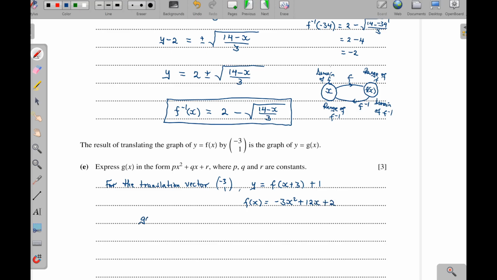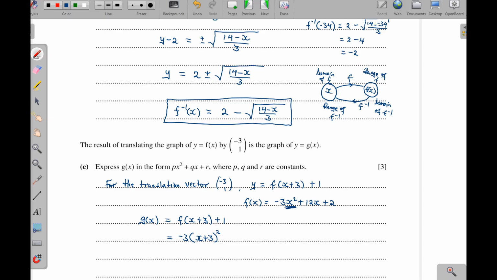So our g of x, remember, is equal to f of x plus 3, then plus 1. So wherever there is x, we are going to put x plus 3 here and there. So we shall have -3 times x plus 3 squared.